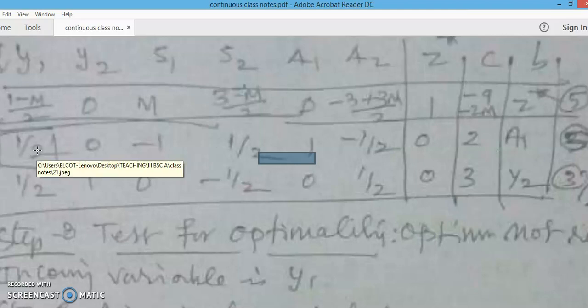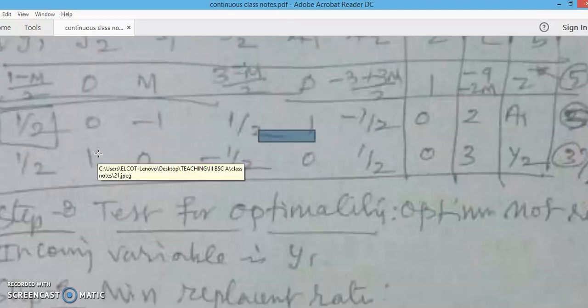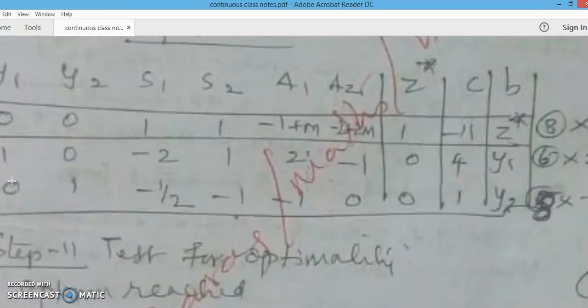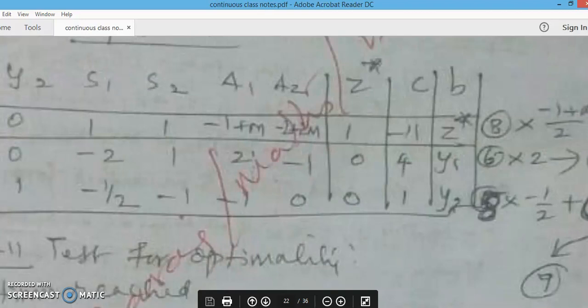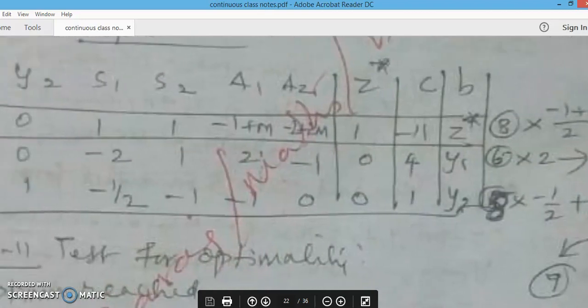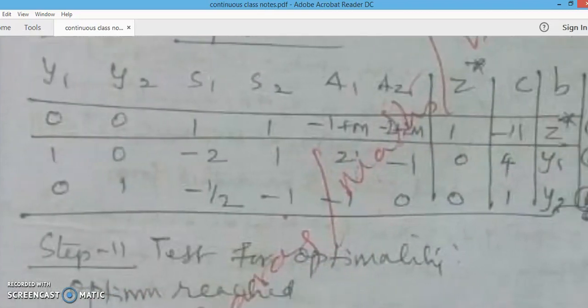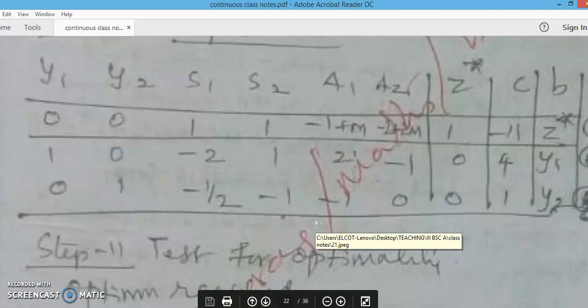So multiply by 2, here 1 you will get, multiply all these by 2, and that is the row you are getting, that is the row equation number 8 you will get.